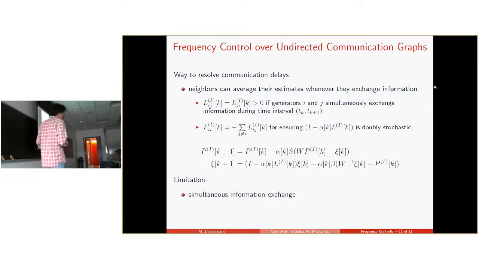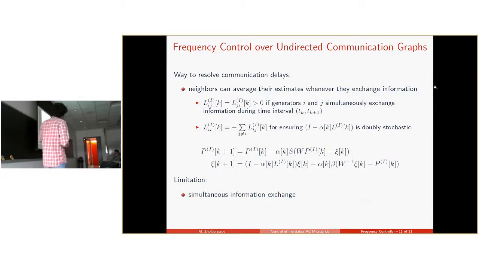If they don't exchange, then they set it to 0. Then agents need to recompute the diagonal entries of the Laplacian matrix, and they do that locally. This is for ensuring that this matrix is a doubly stochastic matrix. And this recomputation of the weights will lead us to these iterations.